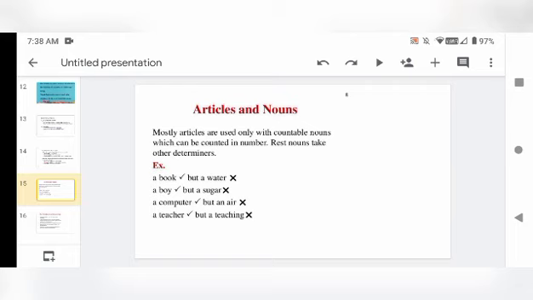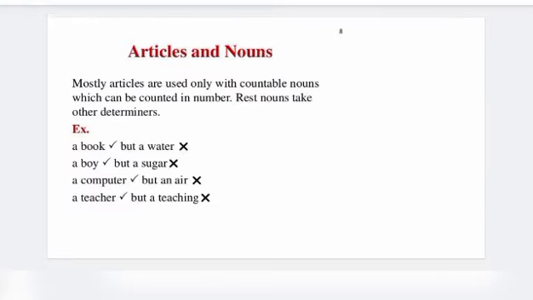The rest of the nouns take other determiners. For example, a book, butter, water.